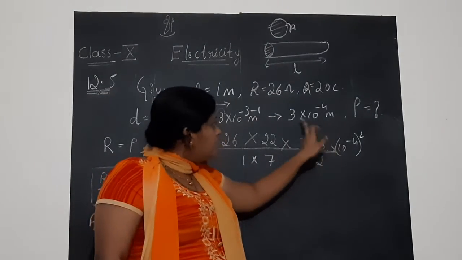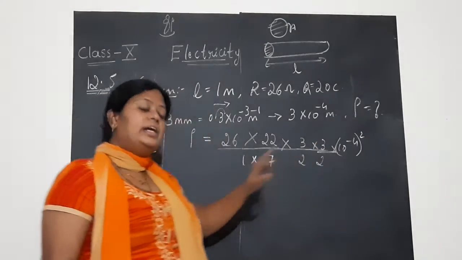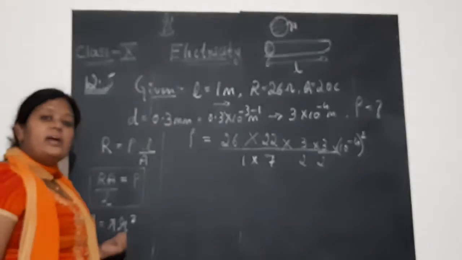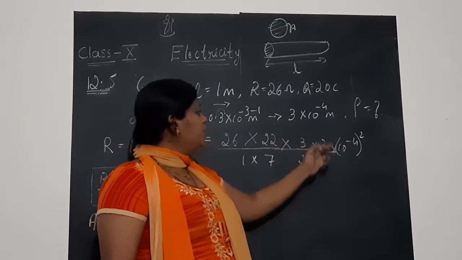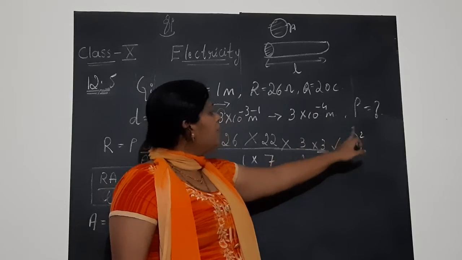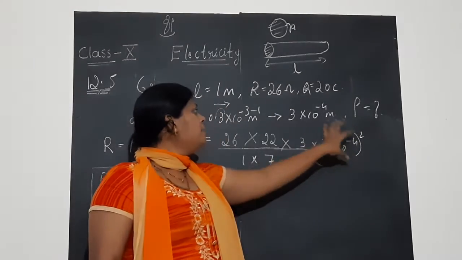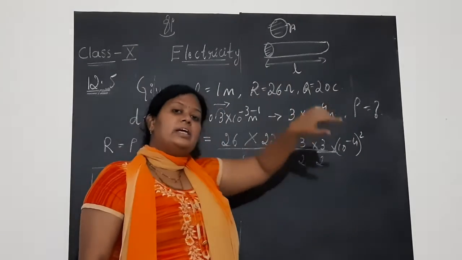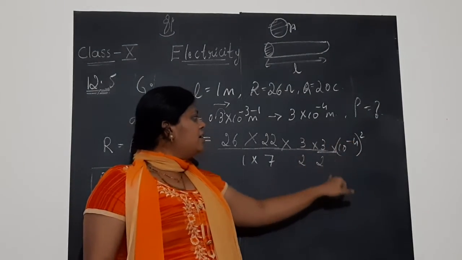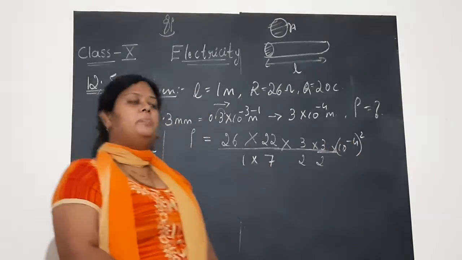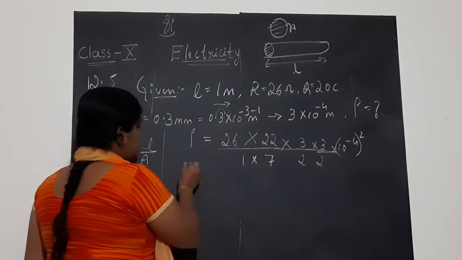Again I am taking the same denominator and dividing by 2. Why 2? Because r square in the formula. 3 by 2 into 3 by 2 into 10 to the power minus 4 whole square I am writing. Why? 3 into 10 power minus 4 twice I should write. Since I have written the number separately, here I am writing 10 to the power minus 4 whole square.